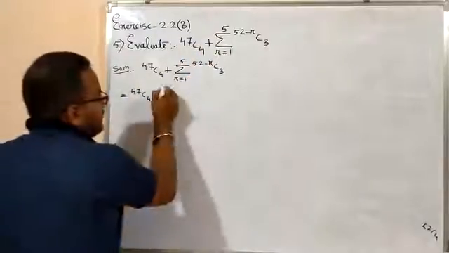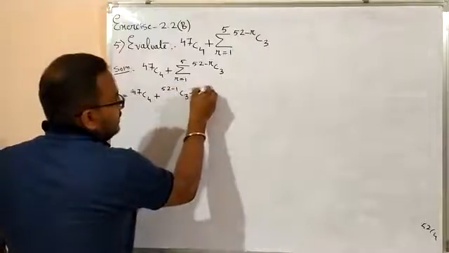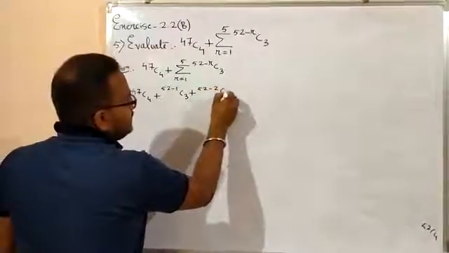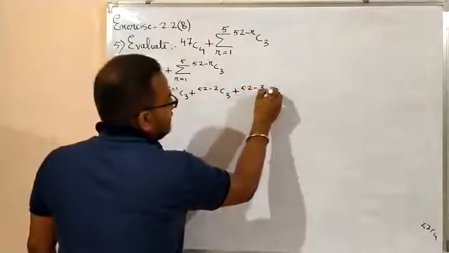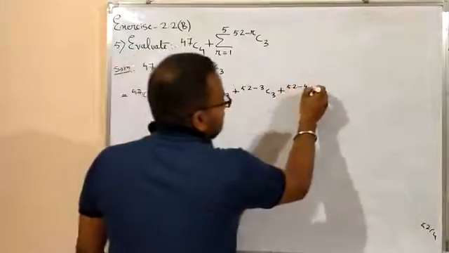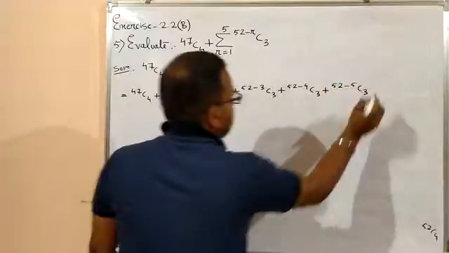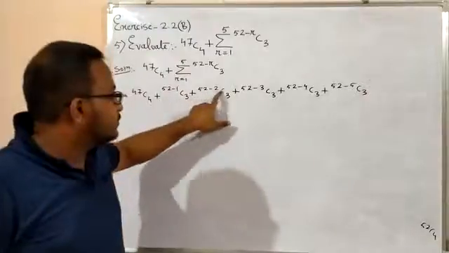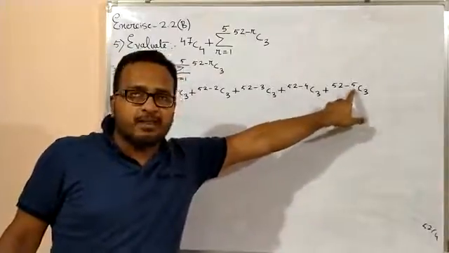So it is 52 minus 1 c3 plus 52 minus 2 c3 plus 52 minus 3 c3 plus 52 minus 4 c3 plus 52 minus 5 c3. Right, this is what the meaning. I have put r equals to 1 plus r equals to 2 plus r equals to 3 plus r equals to 4 plus r equals to 5. Okay, this is the meaning of the symbol.